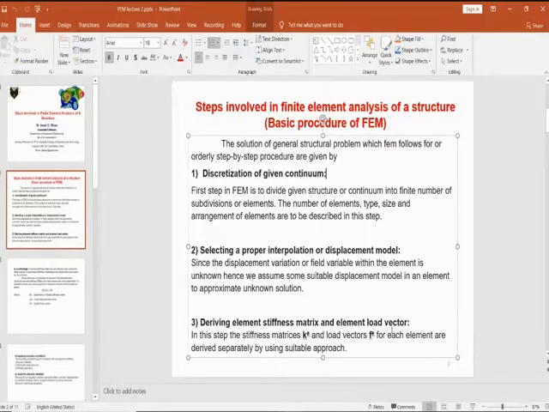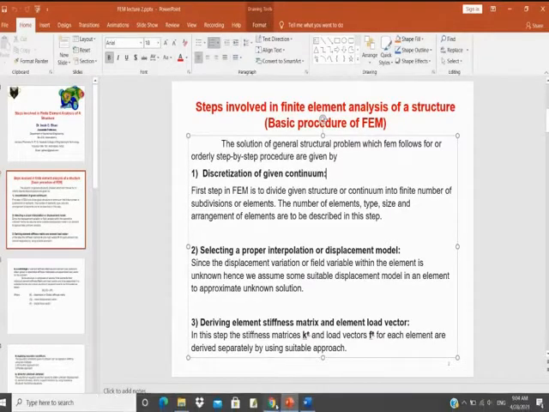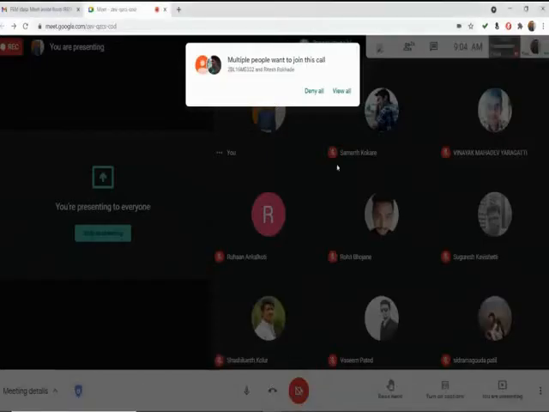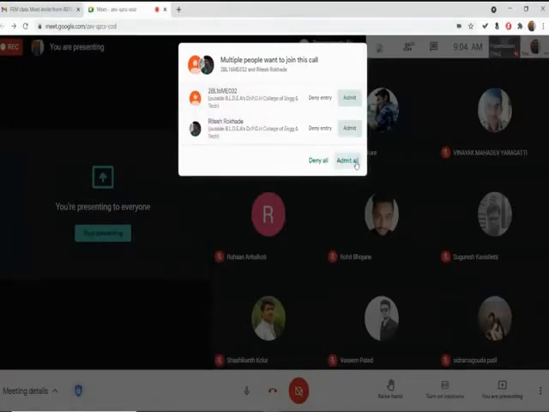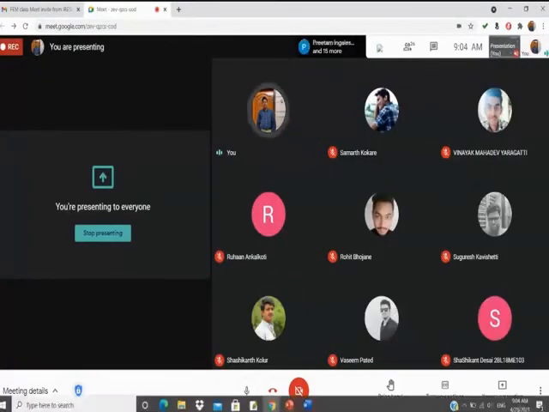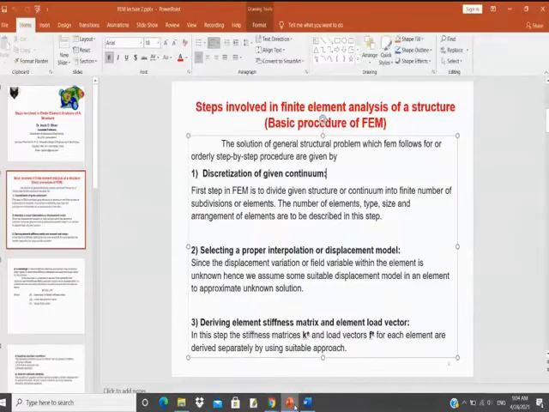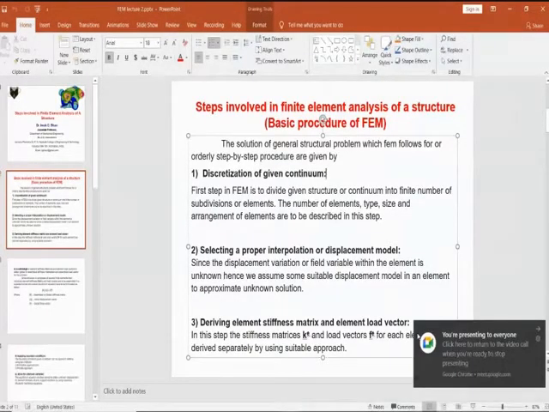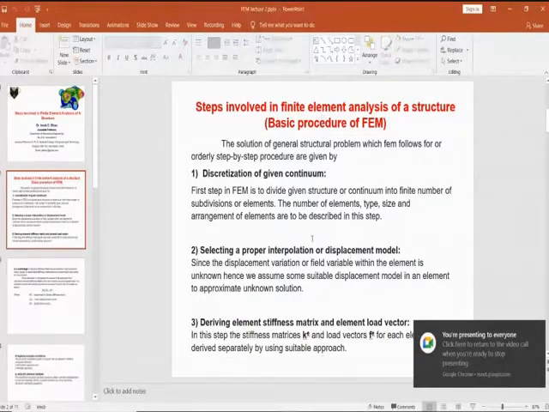Means what? If you go on reducing the size of the element, more number of elements are needed to divide the body. Then definitely, I told that if more number of elements are used, then the accuracy of the solution will be more. But the problem is that calculation time will also increase along with the accuracy.